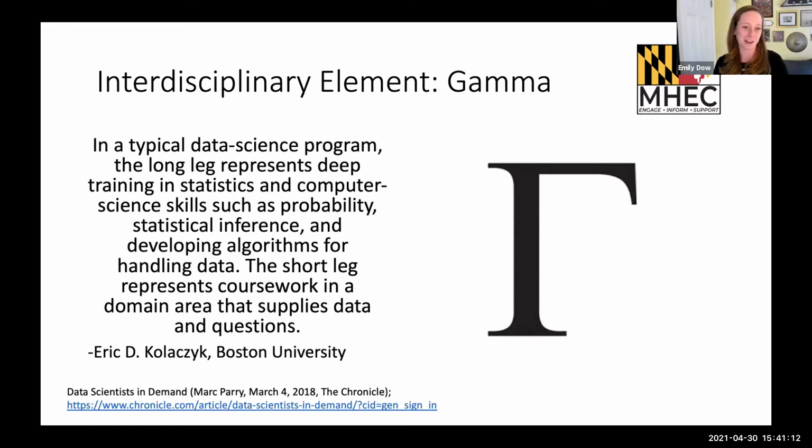And so the article references Dr. Kolacek, and he implies that gamma represents data science. And so in a typical data science program, the long leg represents deep training in statistics and computer science skills, such as probability, inference, and developing algorithms. The short leg represents coursework in a domain area that supplies data and questions.